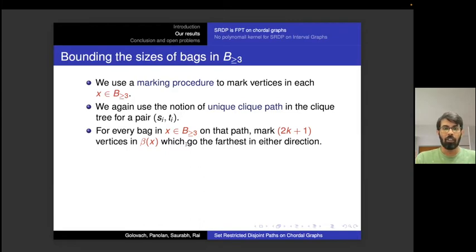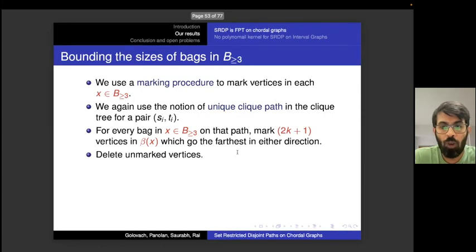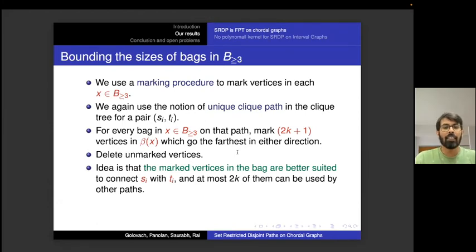And we mark vertices only from the domain from which the vertices are allowed for a path between s_i and t_i, right? So what do we want to achieve by this marking? After this, we delete the vertices which remain unmarked after this procedure. And the idea is that the marked vertices in the bags are better suited to connect s_i and t_i.